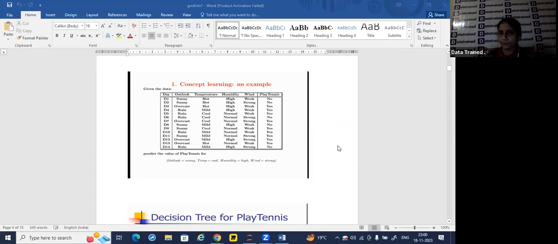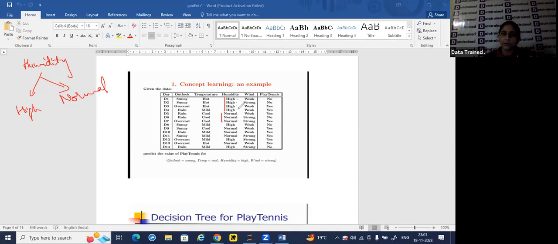Here it is taking humidity, high and normal humidity. Now one has to check how many high and how many normal.